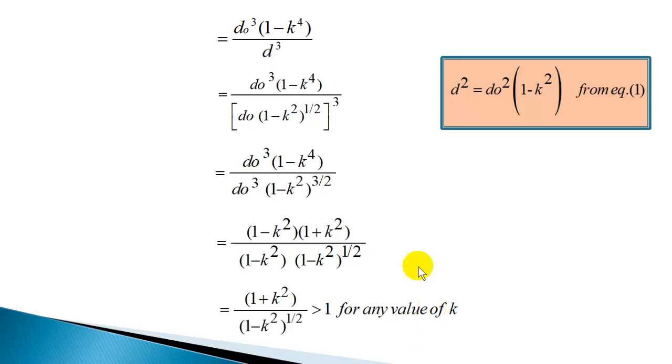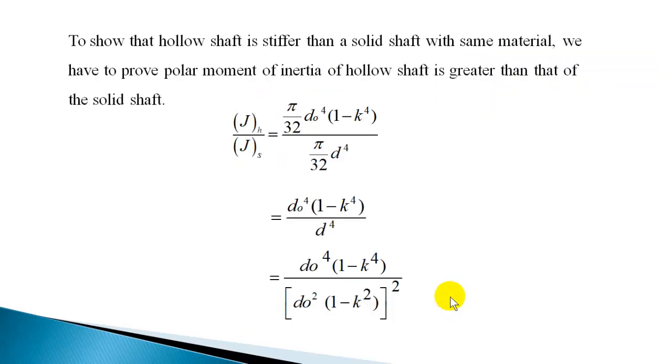Now we have to prove that it is stiffer or more rigid. Since the lengths are the same, we can prove that it's more rigid or stiff. To show that a hollow shaft is stiffer than a solid shaft of the same material, we have to prove that the polar moment of inertia of a hollow shaft is greater than that of a solid shaft.